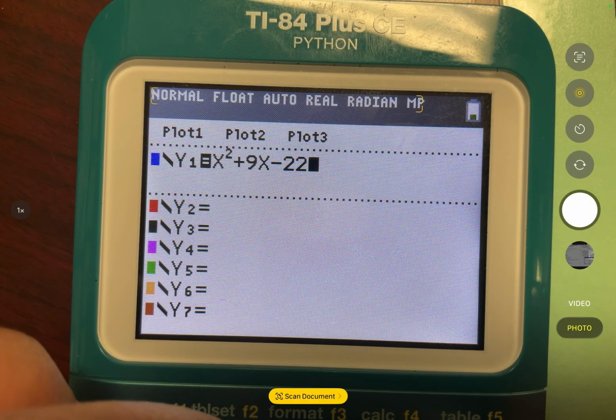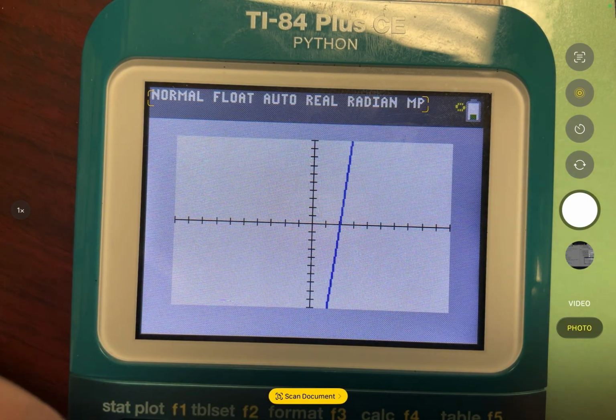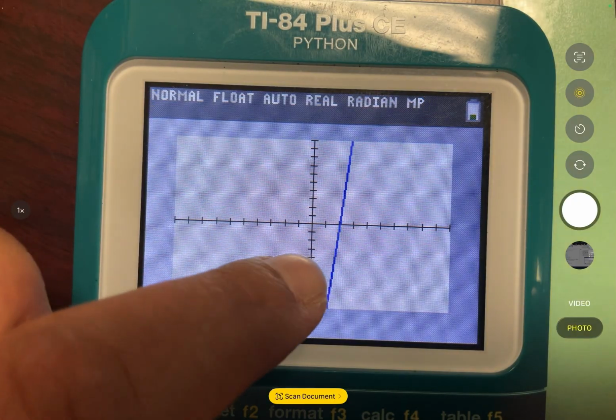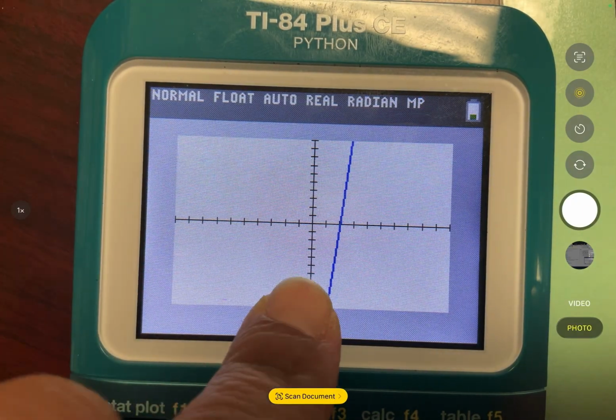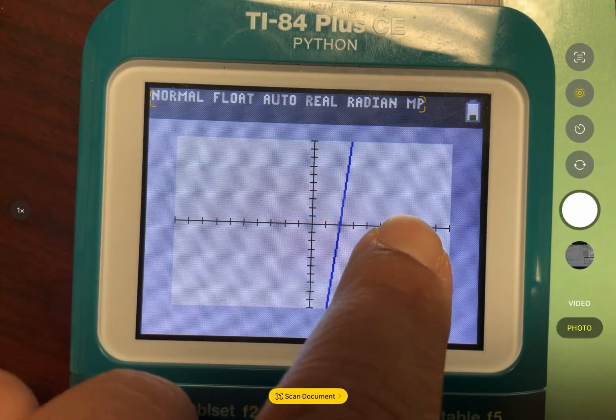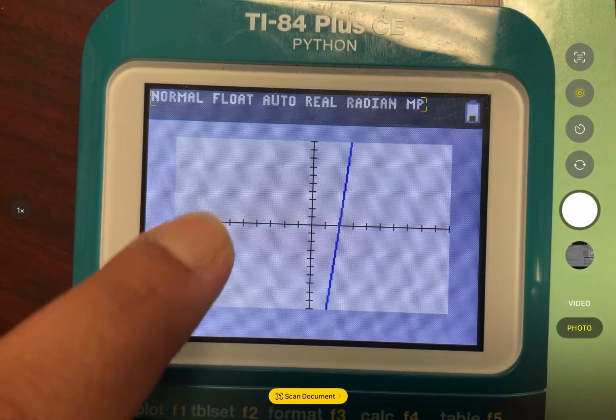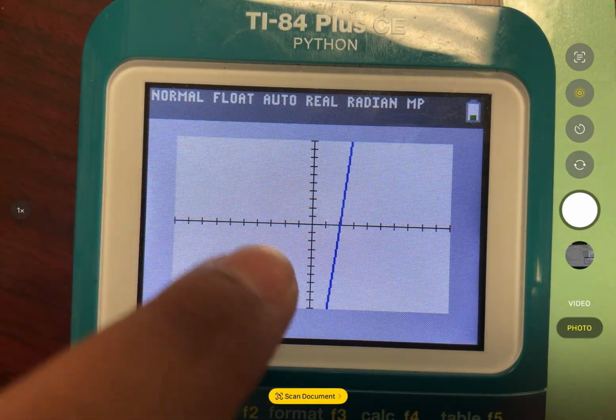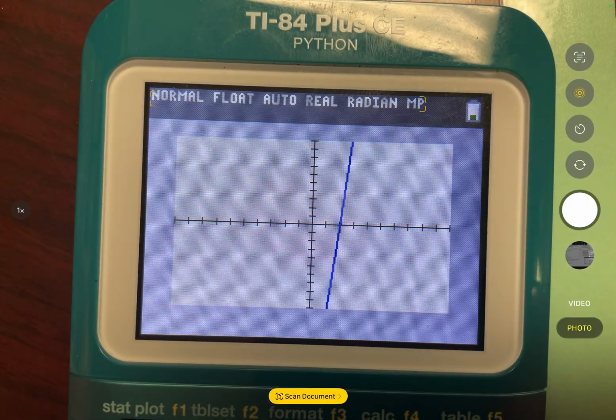If you look at it in a standard window, it's only going to show you the positive side anyway. If it was asking for the negative solution, I can't see it. So yes, I would zoom out, but I don't have to do it in this one.